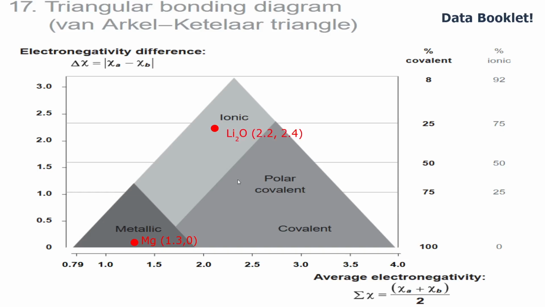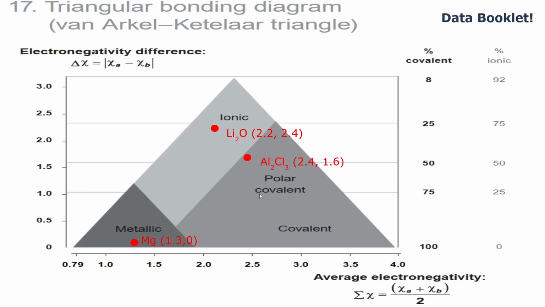Now, if we were to look at something like lithium oxide, it's going to have an average electronegativity of 2.2 and an electronegativity difference of 2.4. So you're going to go over here and go up here and see, okay, lithium oxide is in the ionic bonding part, and by like this much.